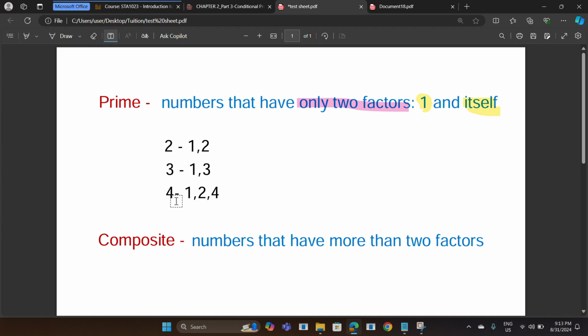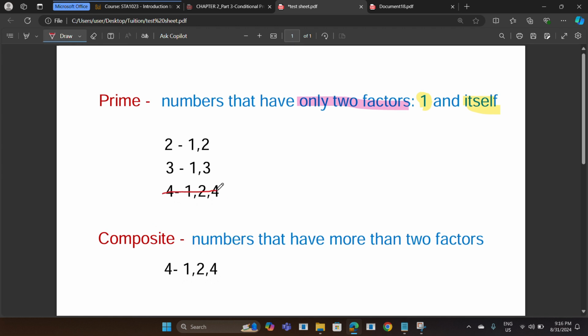Because of that, we can't take 4 as a prime. It has more than 2 factors, right? Because of that, 4 is a composite number.